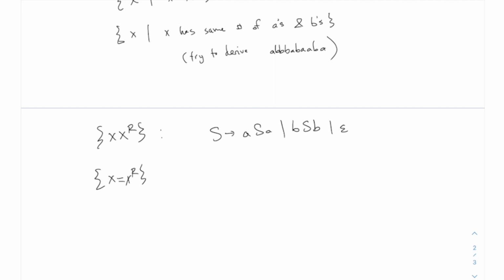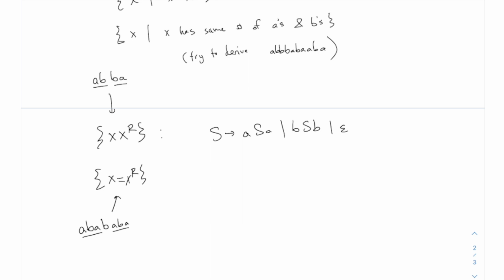Yeah, I would say actually the second one is allowed to have odd length strings, but the first one is not. Like the first one has strings like A, B, followed by B, A, right? But the second one is allowed to have something like A, B, A, B, A, B, A, which doesn't actually have an even length. It has sort of an extra letter in the middle, right?